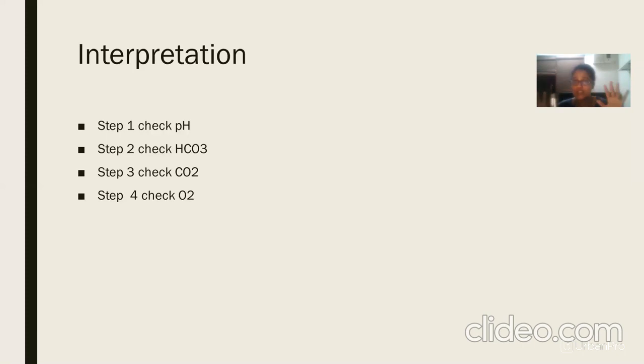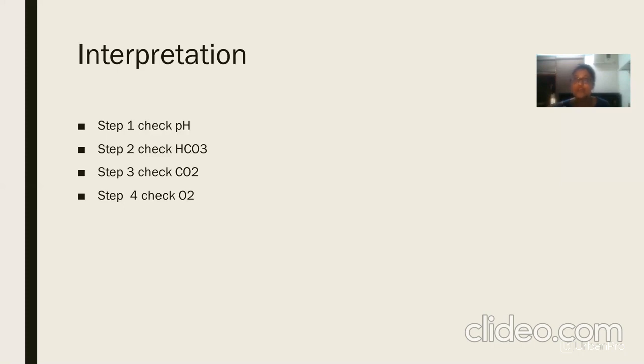Second step, look at the bicarb. No matter where it is, you're going to have all these values stacked on top of each other. You need to go and find what you want. So you look at the bicarb. Supposing the pH is low, say he's acidotic. Now you're looking at bicarb to see if it is metabolic or not.